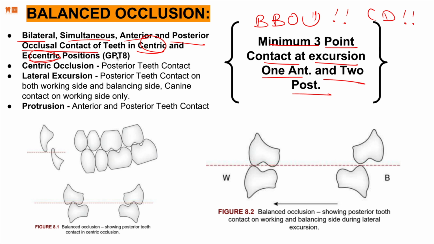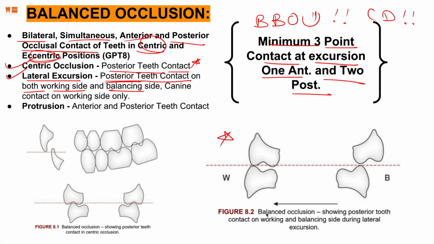And this is from the glossary of prosthodontic terminology. Centric occlusion, remember, is posterior teeth contact. Lateral excursion is when the posterior teeth will contact on both the working side and the balancing side as well. Now, what does that mean? Well, it's this diagram right here.